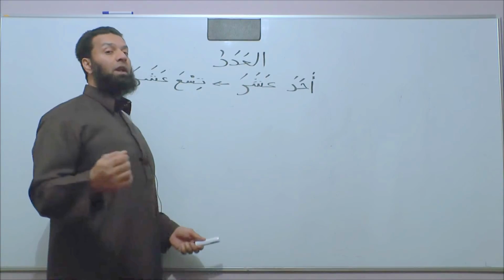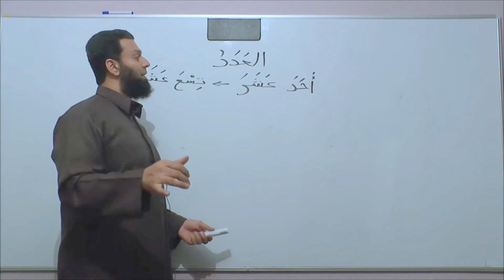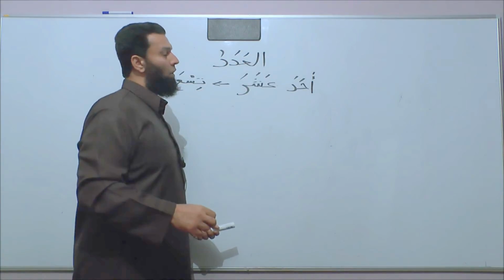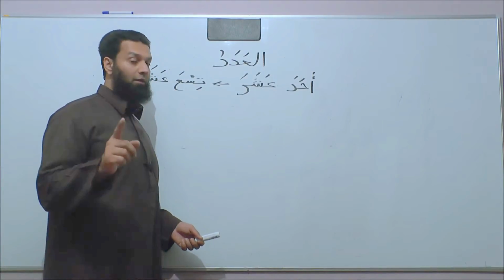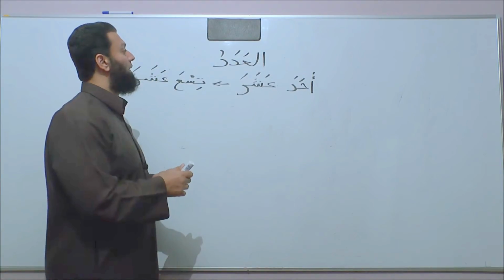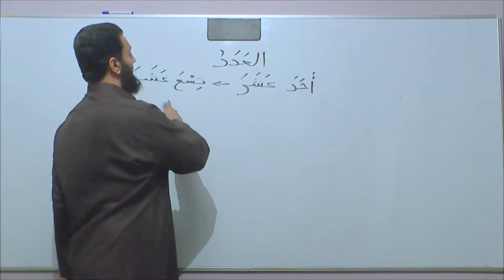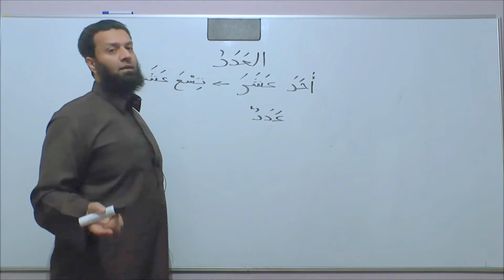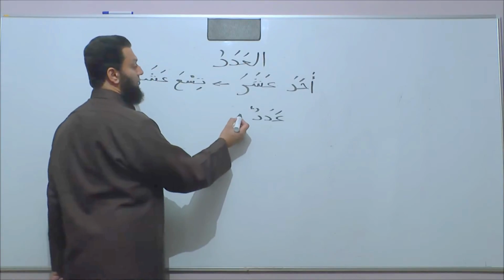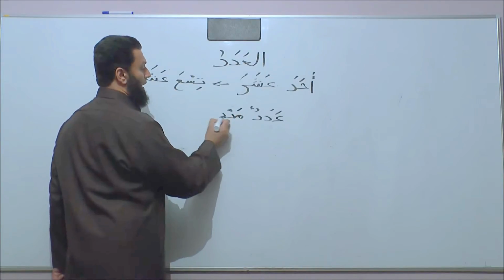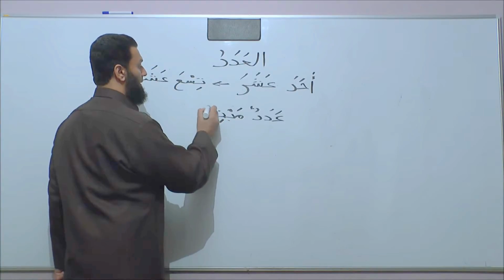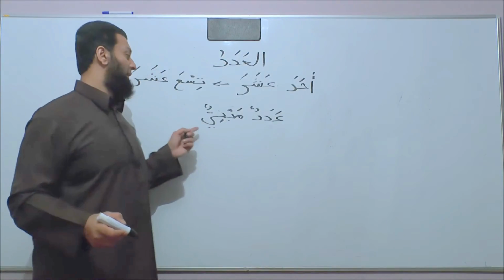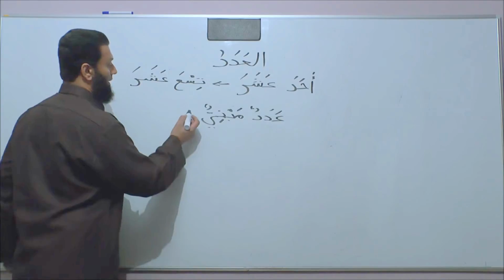So when we are doing the i'rabun, the grammatical analysis of these numbers, all of them except 12, because 12 has a slightly different rule, we will say that this is adadun, which you know means a number. Adadun mabniyun, fixed.